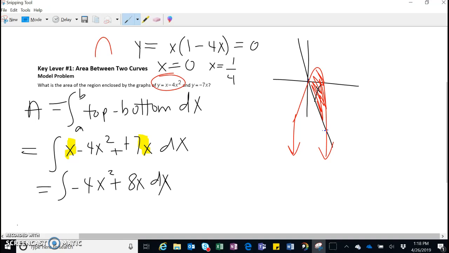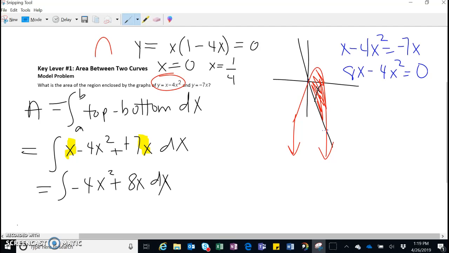If I had a calculator, it would be really easy to just set the calculator up to do the intersection for me. I don't have a calculator, so I need to slow down and understand that the calculator sets the two equations equal to each other when it finds those intersections. So I'll move the 7x to the other side. This is 8x minus 4x squared equals 0 when I do some computation.